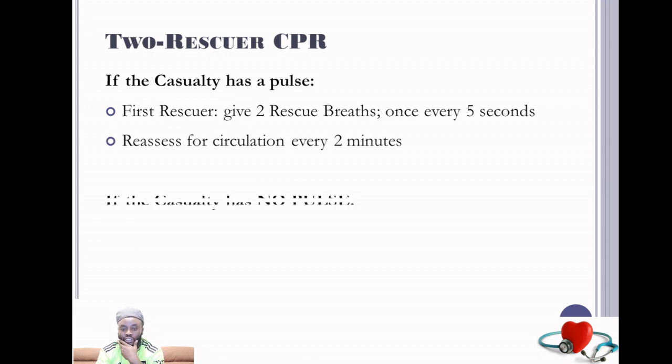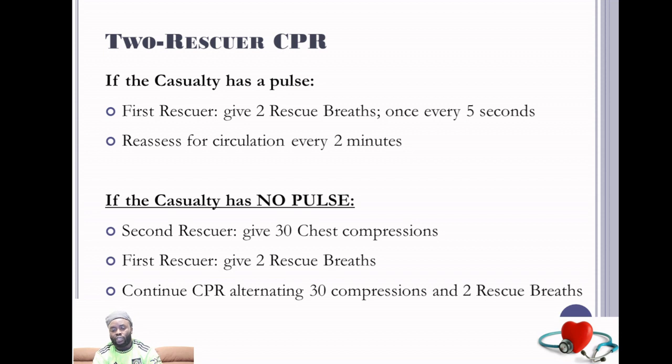If the casualty has a pulse, you give 2 breaths once every 5 seconds, and reassess the circulation every 2 minutes. If the casualty has no pulse, you give 30 chest compressions as the other rescuer gives 2 breaths alternately.